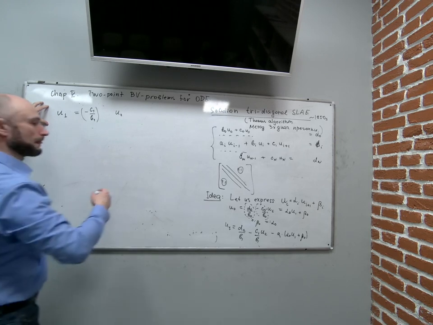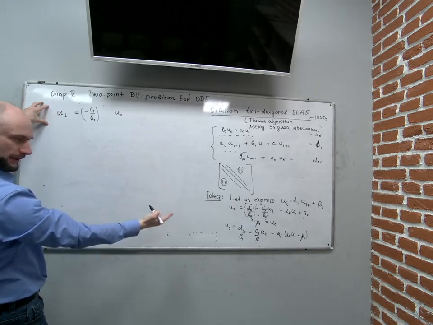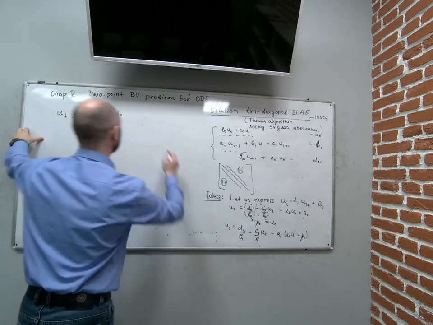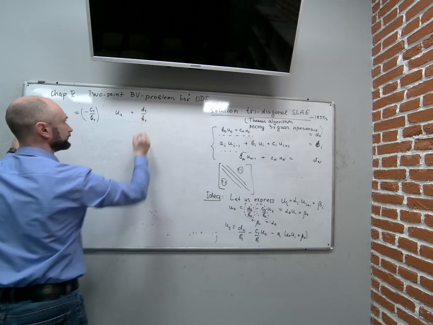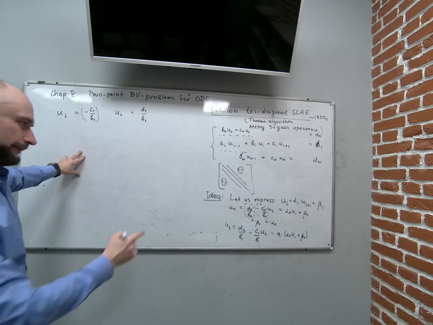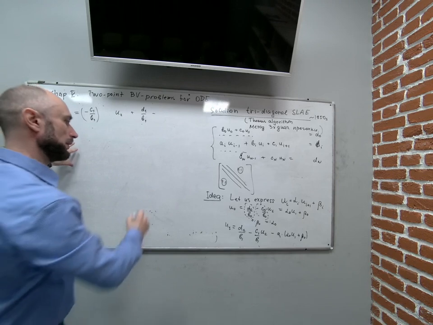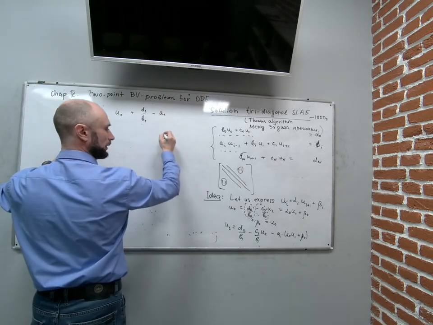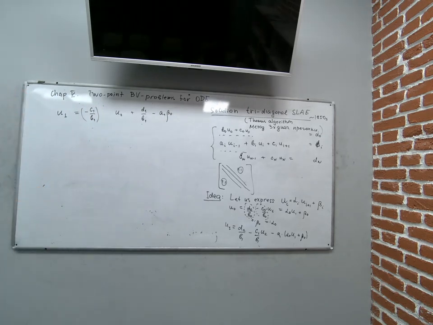Okay? And what else? We have this free term plus d1 by b1. What else do we have? Minus a1 by beta 0.